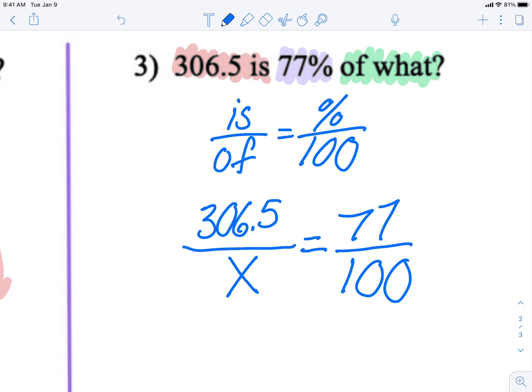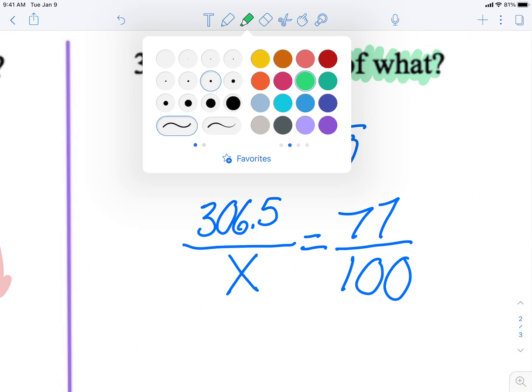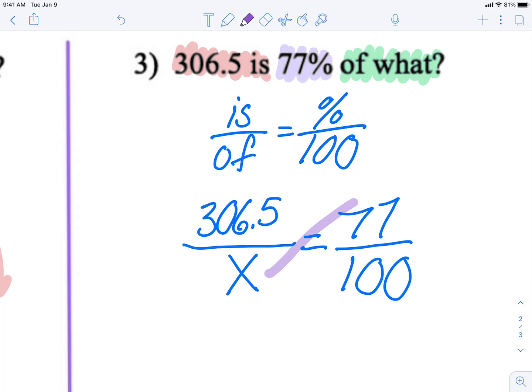So now we have a proportion, a wonderful proportion, which we're already familiar with, right? So let's do x times 77 and 100 times 306.5.